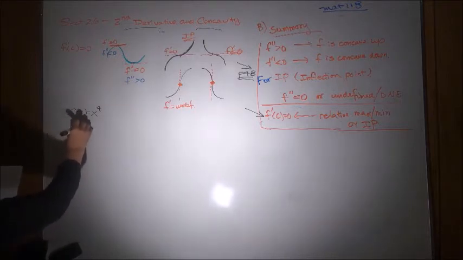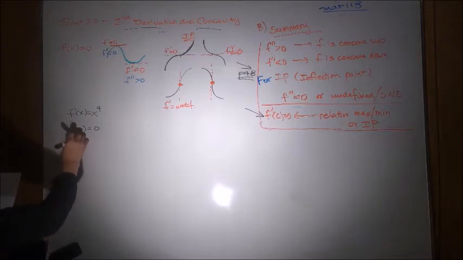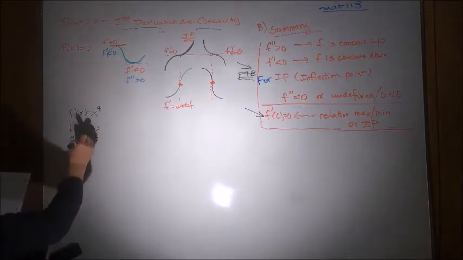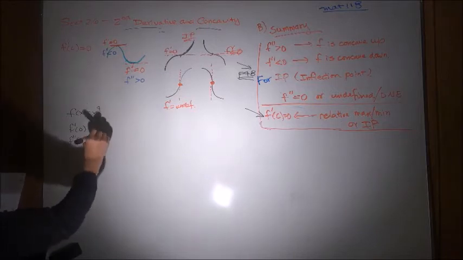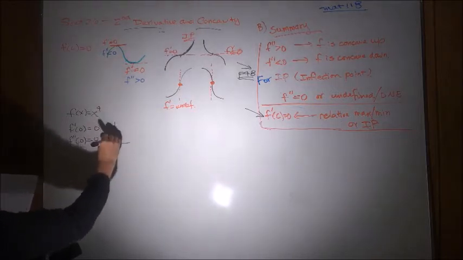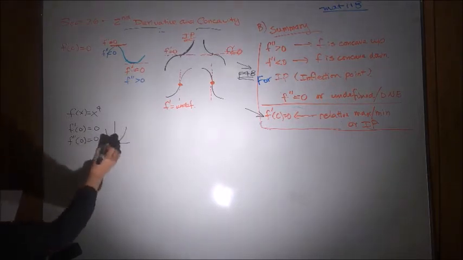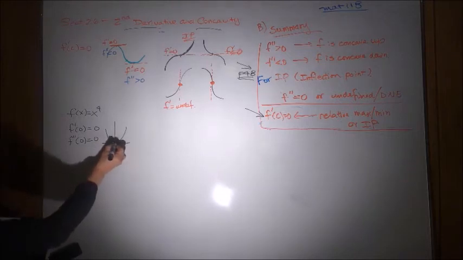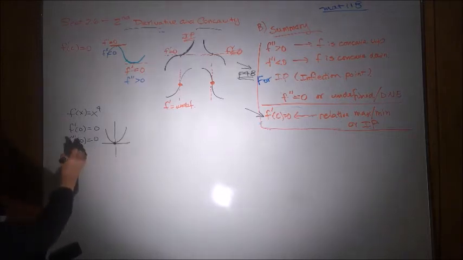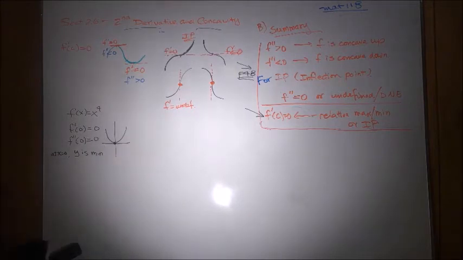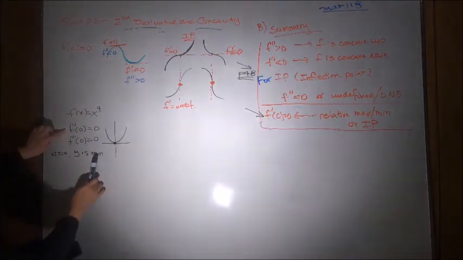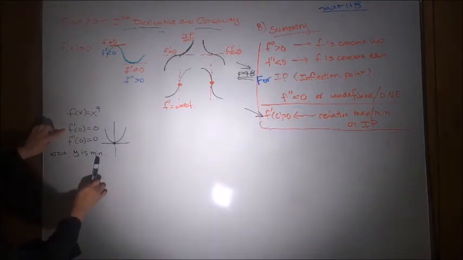F prime would take a prime, that would be 0. F prime prime would be 0 as well. The graph, it looks like what? It looks like this way, right? So at this point, when x is 0, y is minimum, right? That means when f prime is 0, you have relative minima.